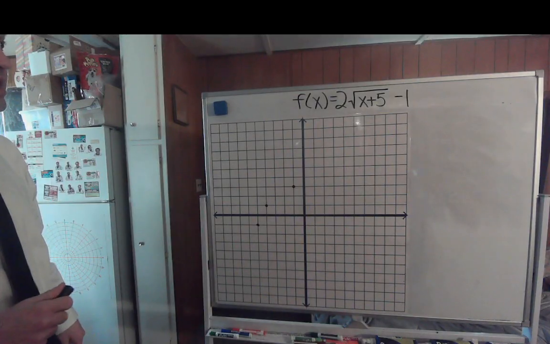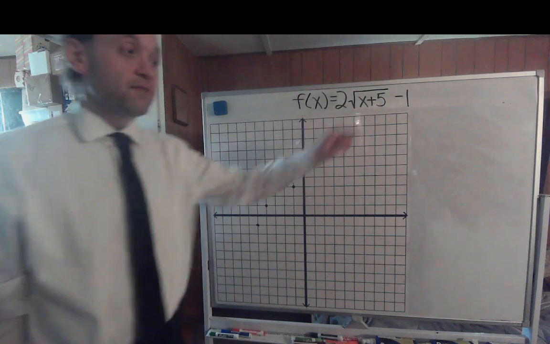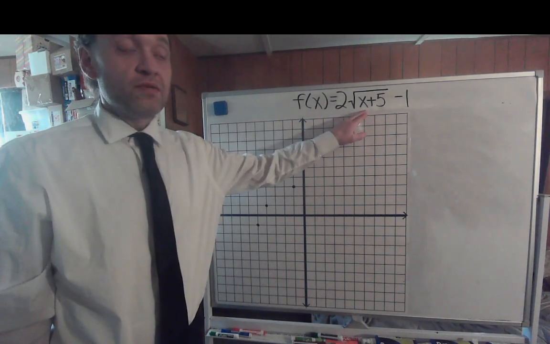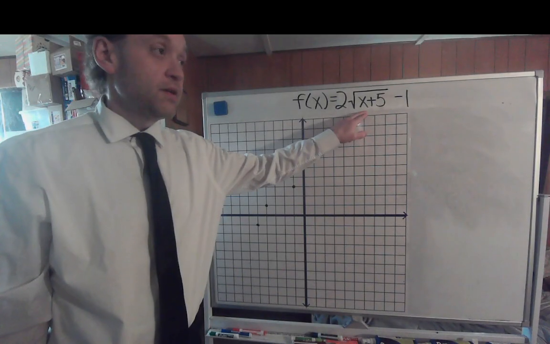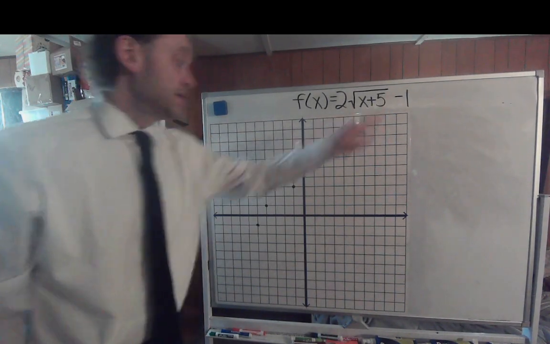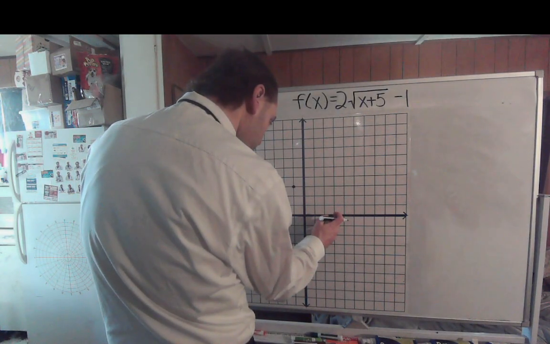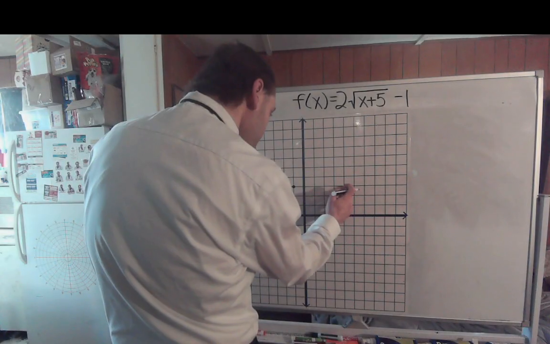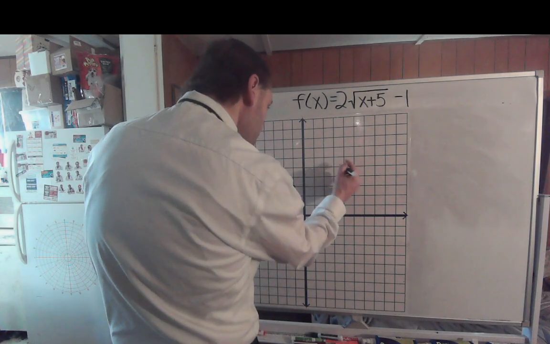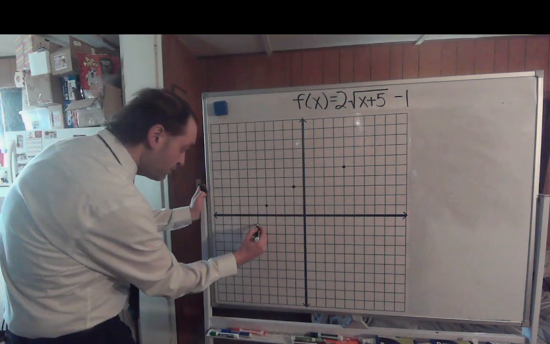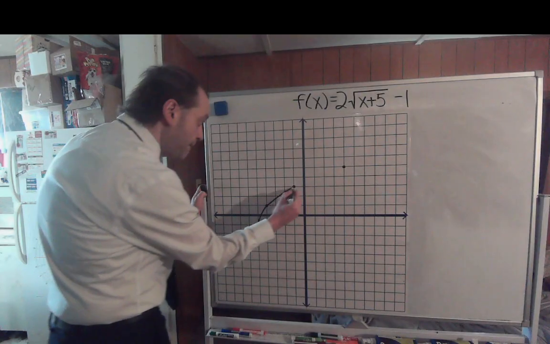Let's say we do x is positive 4. So 4 plus 5 is 9. Square root of 9 is 3. Times 2 is 6. Minus 1 is 5. So you'll end up getting the point 4, 5. So that would put you right there. So now we can graph this bad boy.